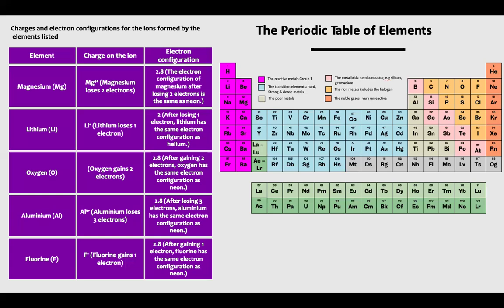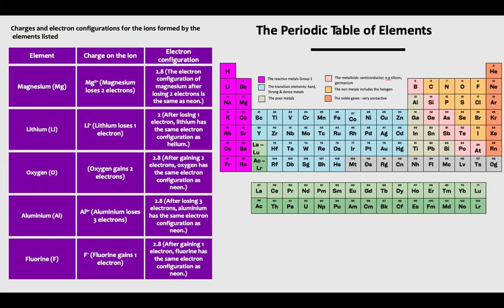Let's look into oxygen. Oxygen gains two electrons, and in terms of the electron configuration, after gaining two electrons, oxygen has the same electron configuration as neon. Aluminium's charge on the ion is 3+, where aluminium loses 3 electrons, and after losing 3 electrons, aluminium has the same electron configuration as neon, which is 2.8.